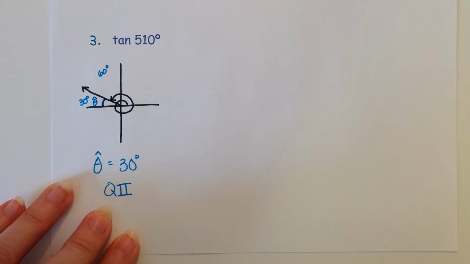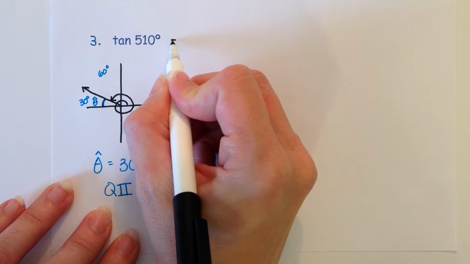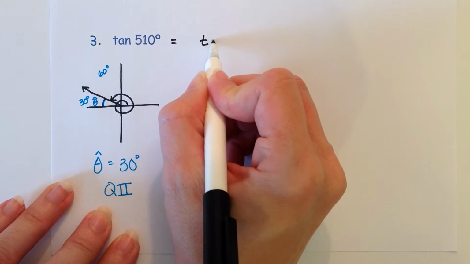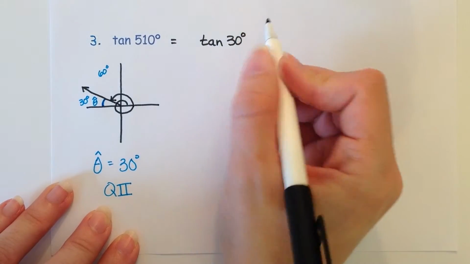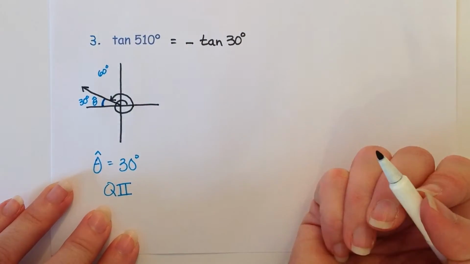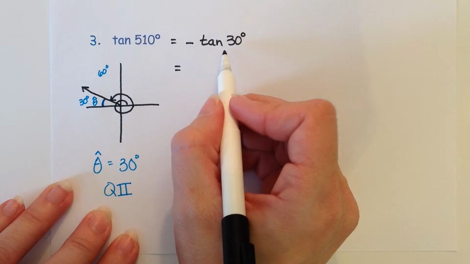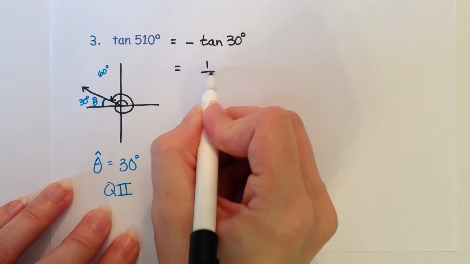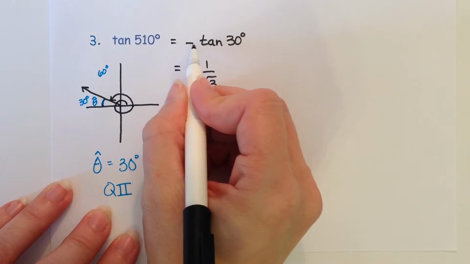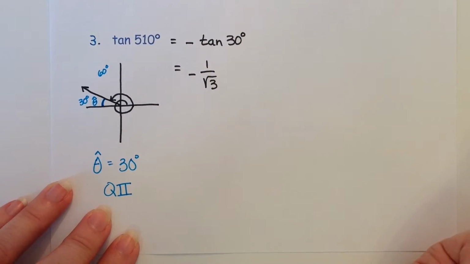Okay, so going back and rewriting our problem, we'll replace the 510 degrees with 30 degrees. And tangent's going to be negative in the second quadrant. So from your table of values, we know that tangent of 30 degrees is 1 over square root 3. And of course, the second quadrant causes that value to be negative.